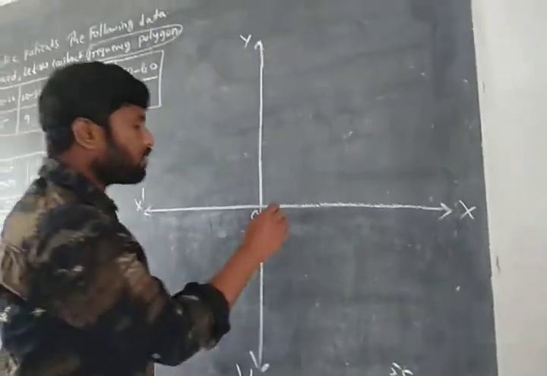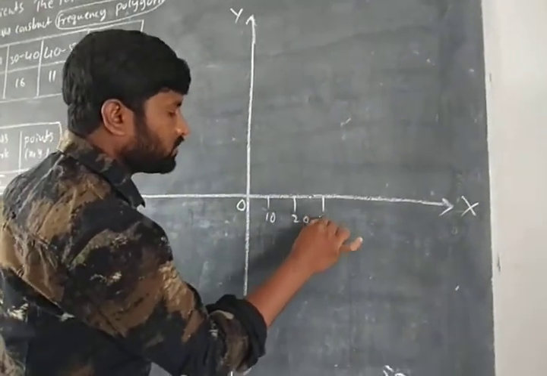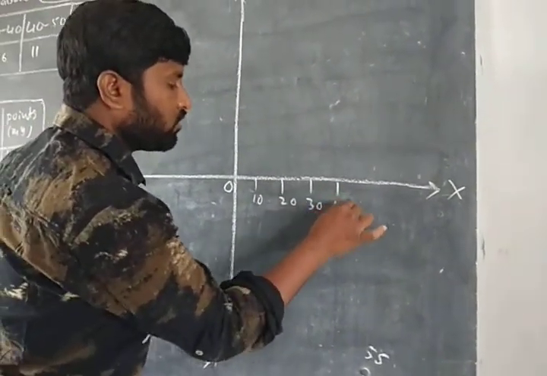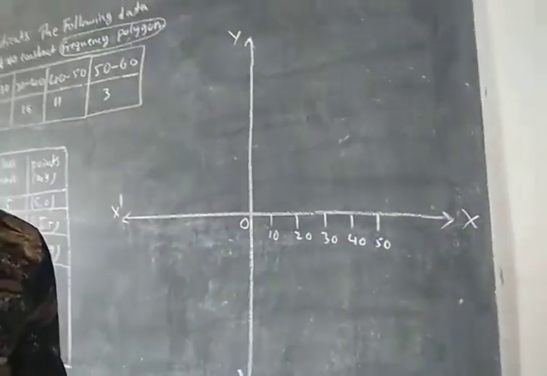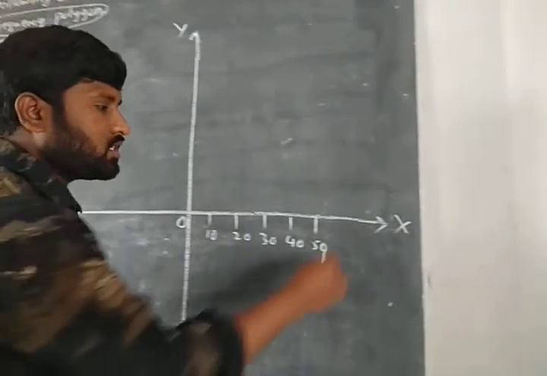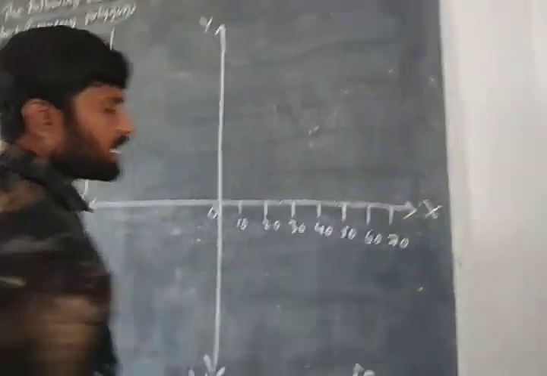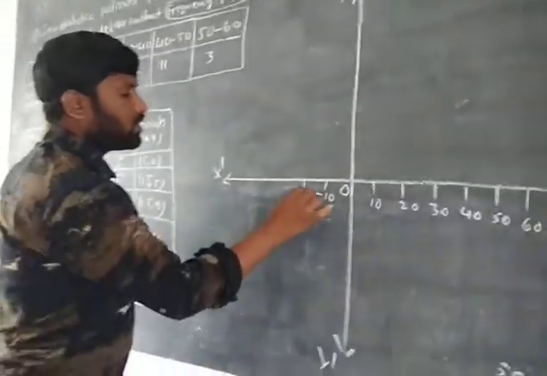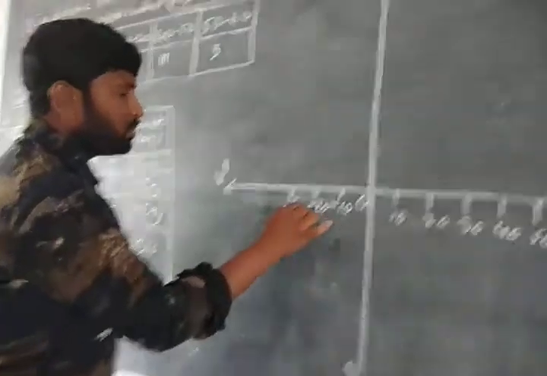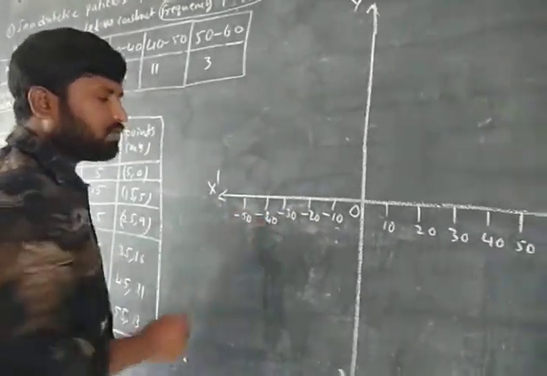Now see here: 10, 20, 30, 40, 50, 60, 70, taken like this, and on this side minus 10, minus 20, minus 30, minus 40, minus 50.